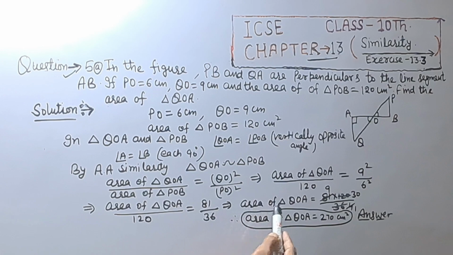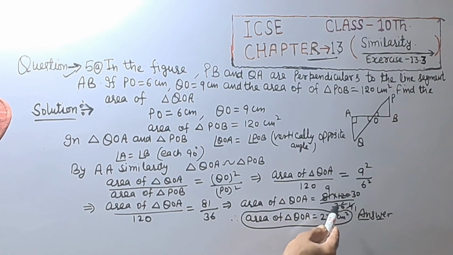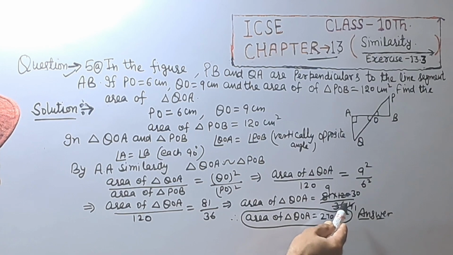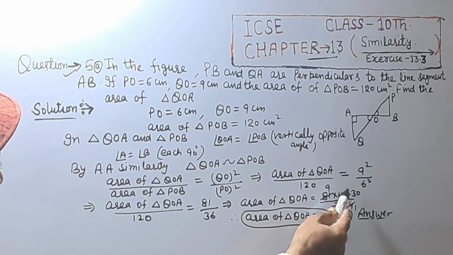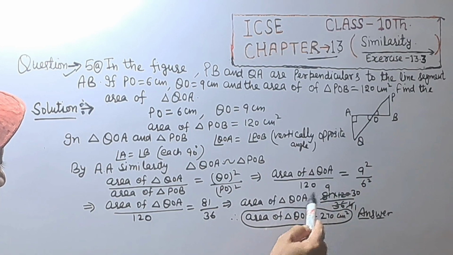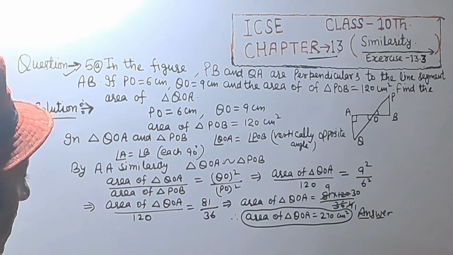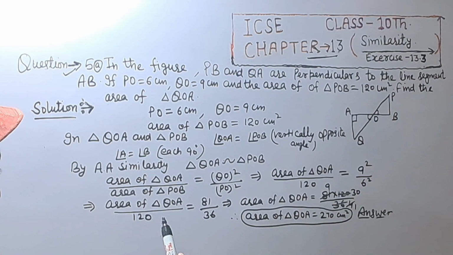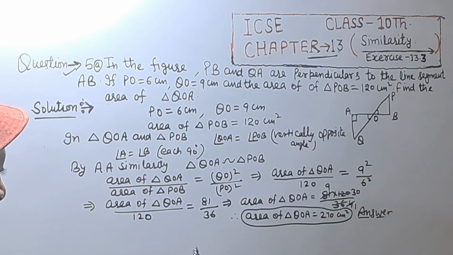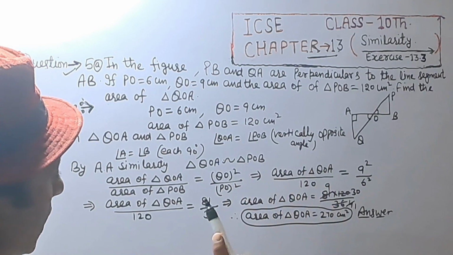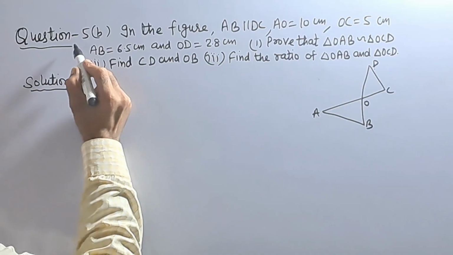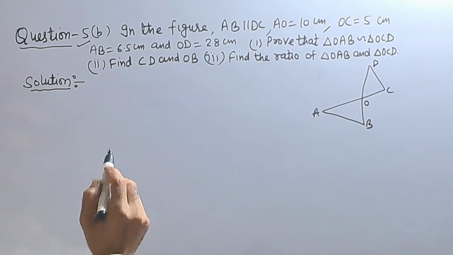Cross multiplying, 81 into 120 divided by 36, 9 nines are 81 and 9 fours are 36, 4 ones are 4 and 3 4s are 120, 9 into 30, that is equal to 270 centimeter square. So area of triangle QOA is equal to 270 centimeter square. Answer.